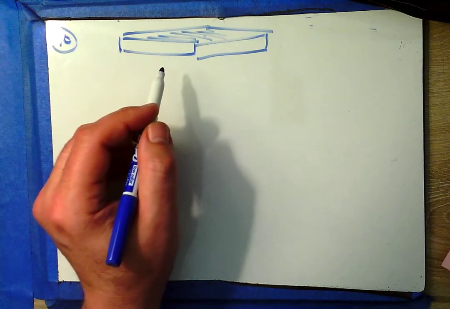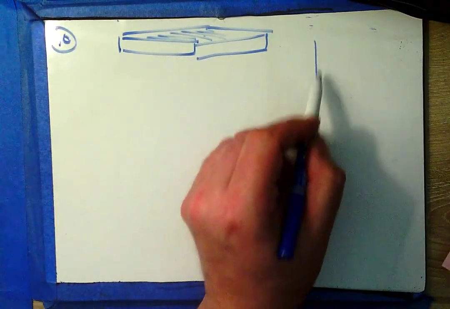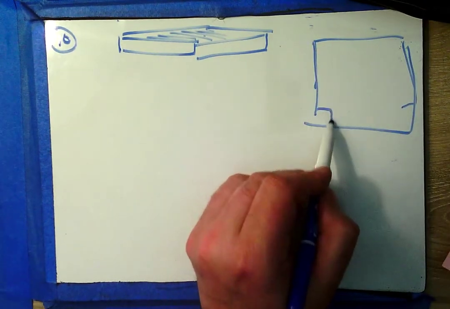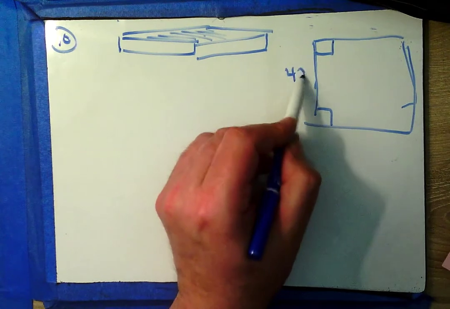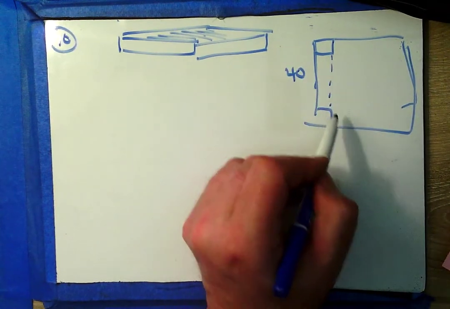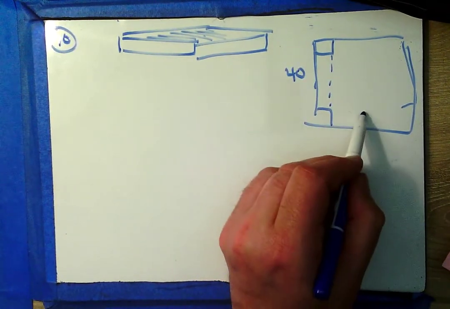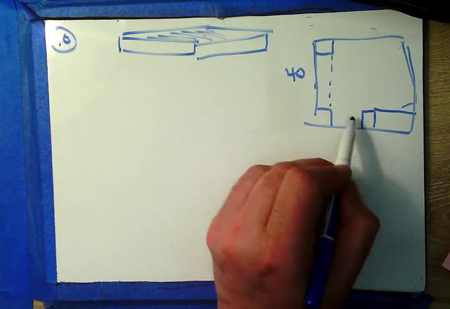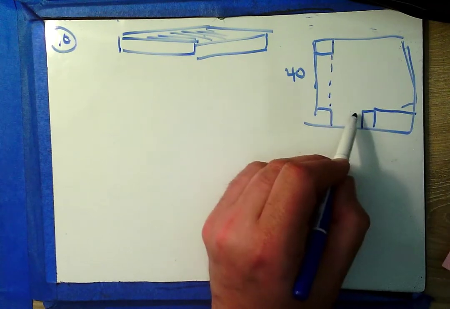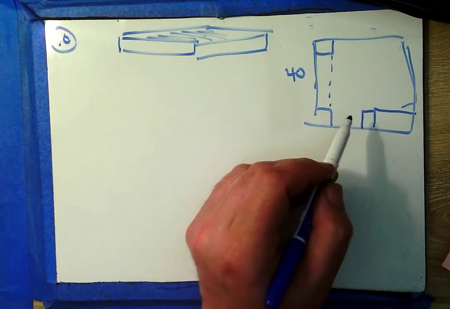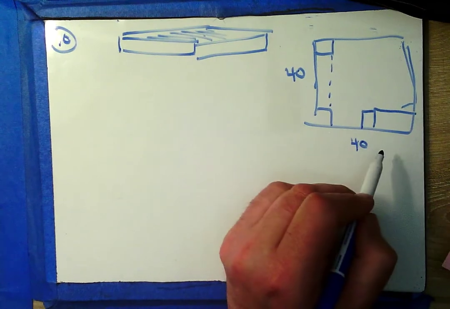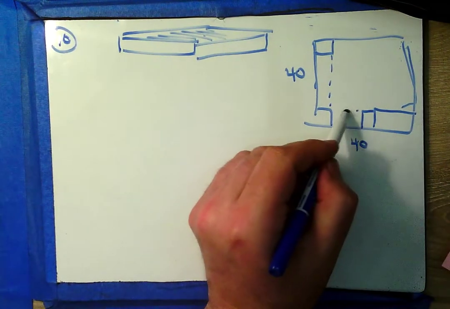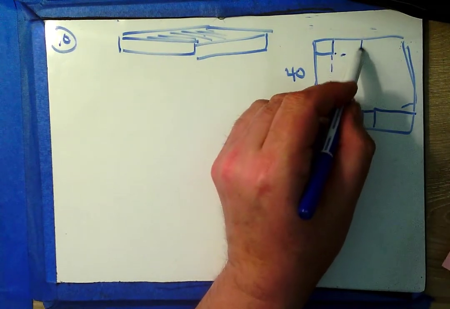But if I'm thinking about cutting out x by x from each of these, and this is 40 long, and this is 40 over here, and we're going to fold along that dotted line.